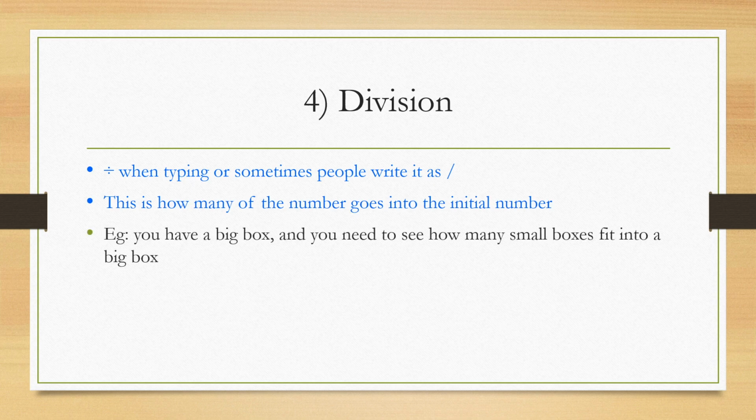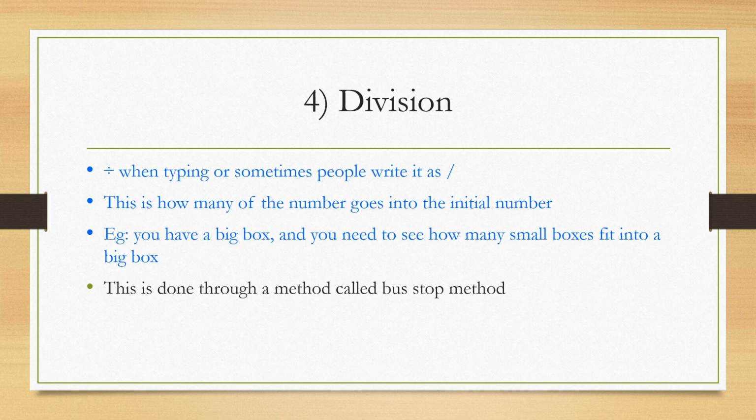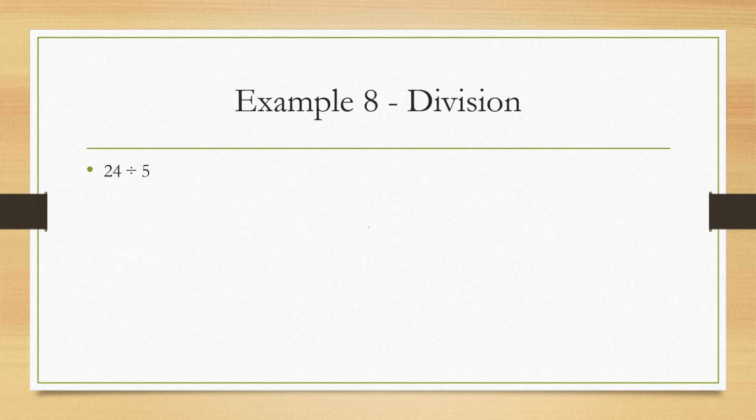And you need to see how many small boxes fit into that big box. When you're seeing how many small boxes fit into that big box, you're basically dividing. So we're going to do this through something called the bus stop method. The bus stop method is a little different, but pretty simple once you get the hang of it.